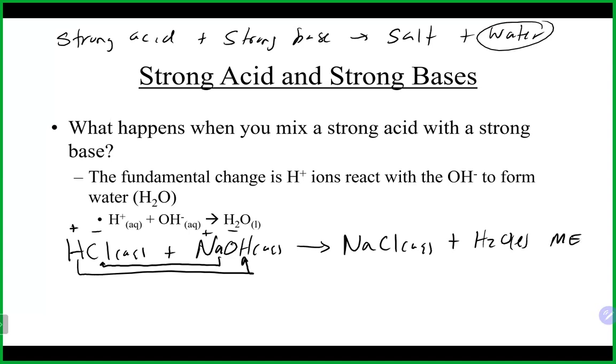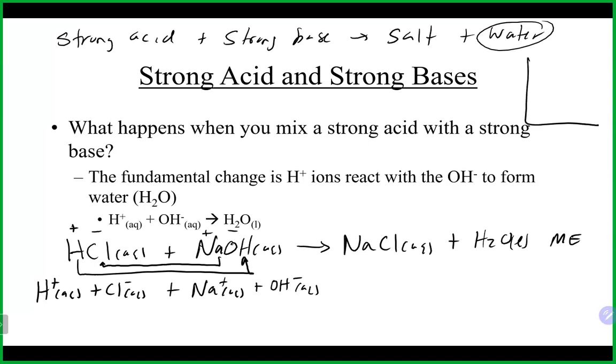We could also write a total ionic equation for this. Because HCl is a strong acid, it will 100% break apart into H plus and Cl minus in solution. The sodium hydroxide, also a strong base and a strong electrolyte, will break apart into sodium ion and a hydroxide ion. So if we draw our little beaker view of what's happening here, we have our H plus and our Cl minus from our HCl floating around.